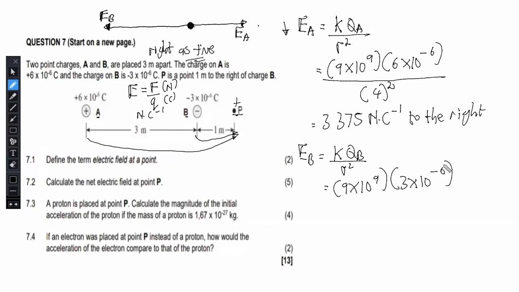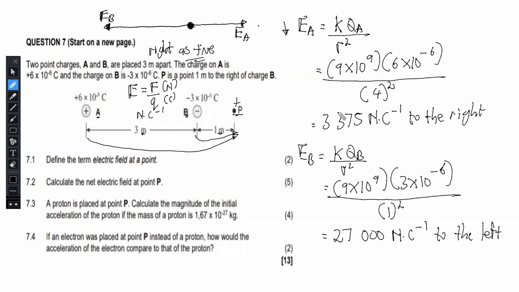And then there we go, over the distance in between point B to point P is only 1 meter. So it's 1 square. So this is in the desired SI unit. It's in meters, but if it was in centimeters or millimeters, you know that we needed to convert. So 27,000 Newton per Coulomb. And then this is going to the left. As we can see, our EB is going to the left there.